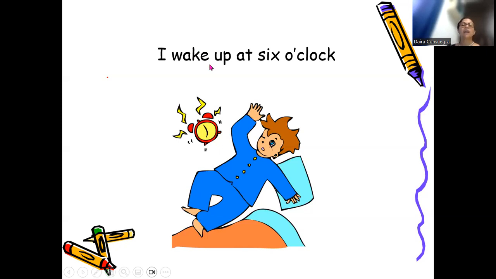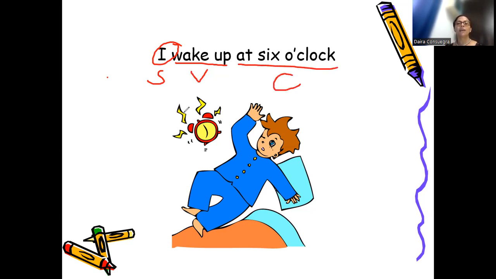In this case, we don't need to add S to the verb wake up because we're talking about I. And who is I? Yo, okay? So in here, we just write subject, which is I, verb, which is wake up, and at 6 o'clock is the complement, right? And then I say, I wake up at 6 o'clock. That is a routine that you are developing every day. Es como una rutina, right? That you do every day.